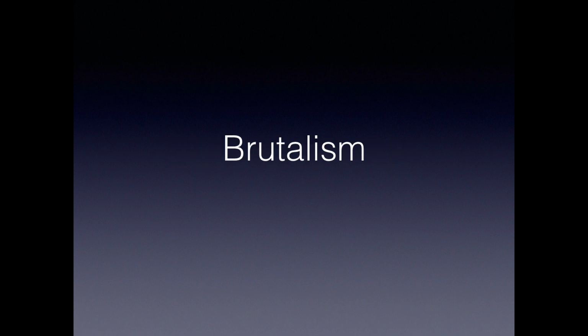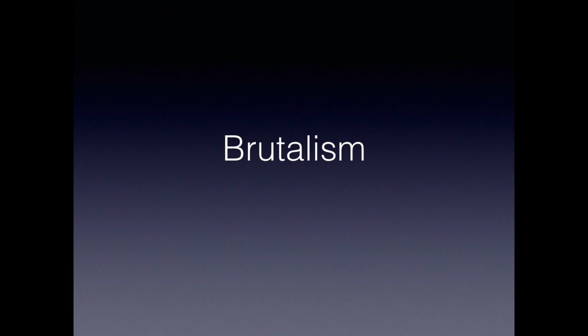So brutalism is an architectural term, and although the word brutal in English associates with monsters and power and being brutalized or attacked, it really comes from the French for raw concrete, béton brut.